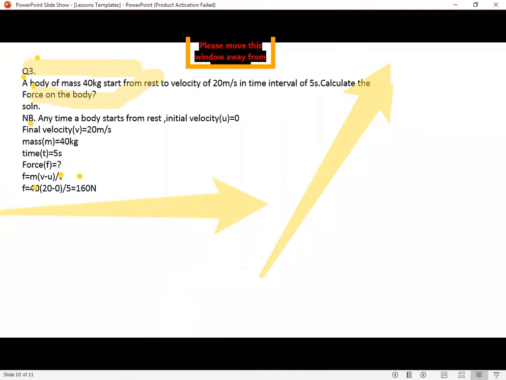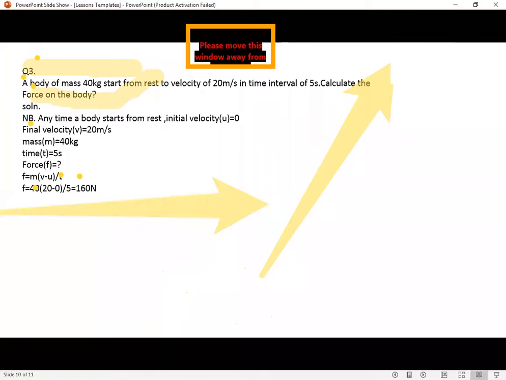So you can see that in my computation, I said note: anytime a body starts from rest, initial velocity U is 0. And the final velocity is 20 meters per second. The mass M is 40 kilogram. And the time T is 5 seconds.